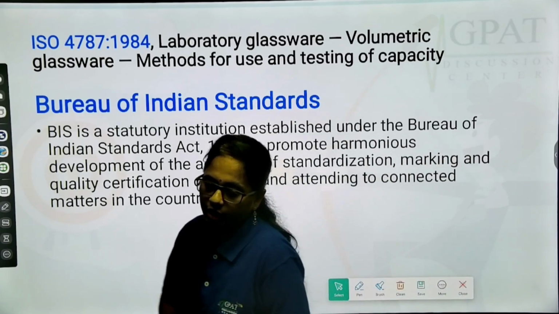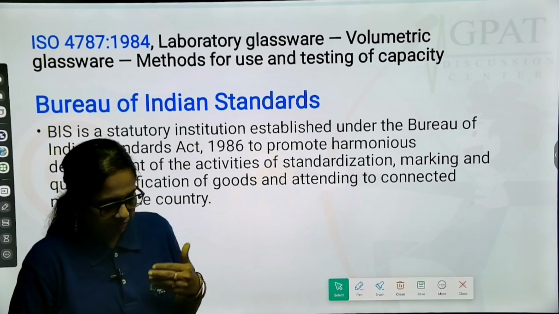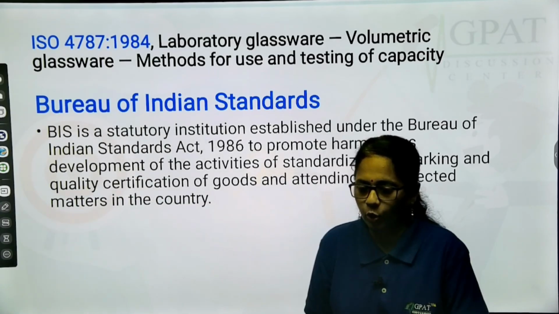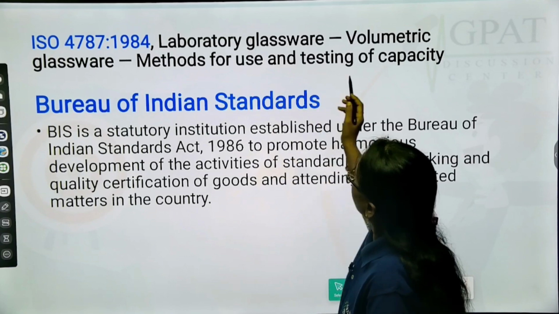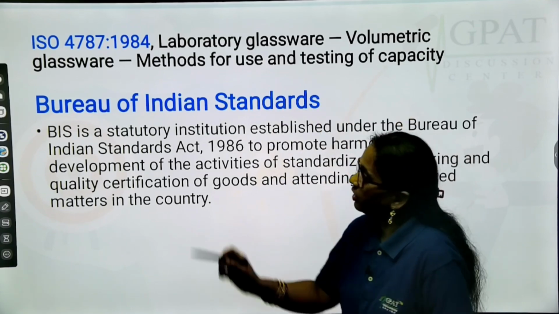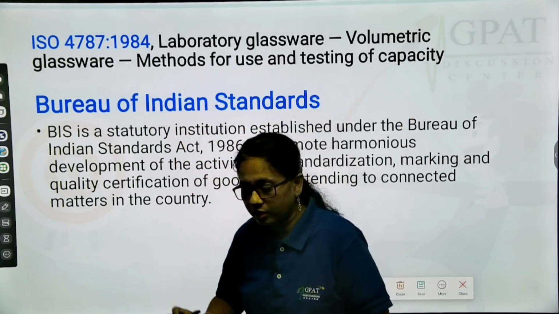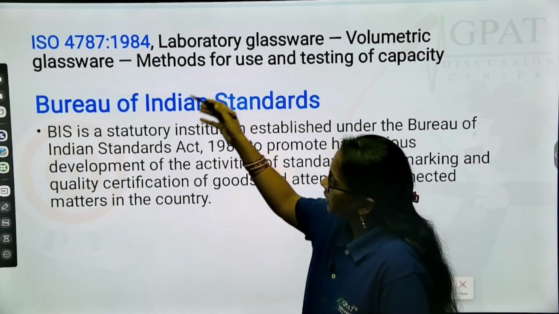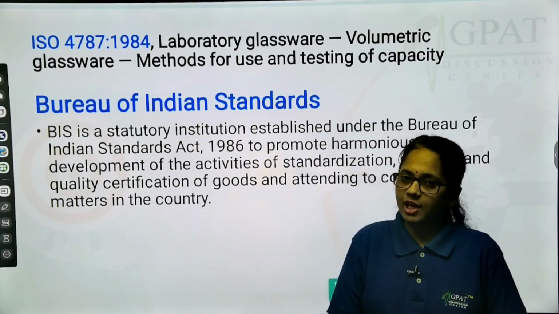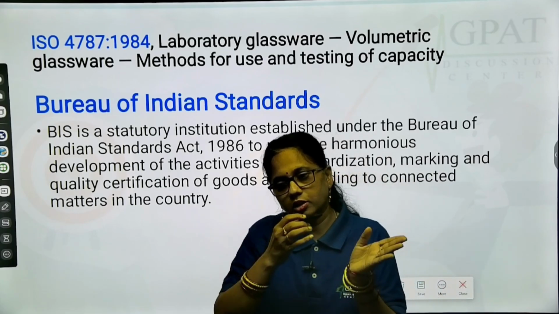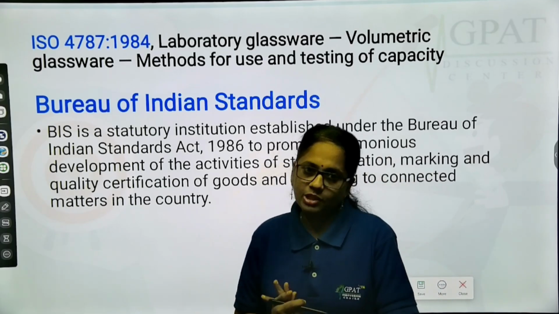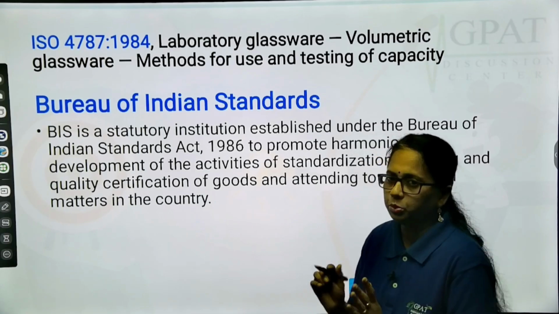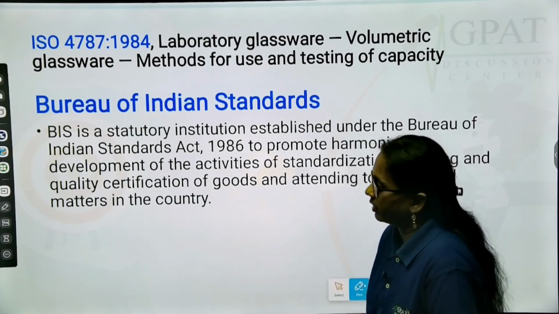In this they give all the procedures related to how to calibrate all the volumetric glassware, and methods for the use and testing of the capacity. And the same document has been adopted by the Bureau of Indian Standards also, so that we are also following the same international standards. Okay, so that we are meeting all the international standards.